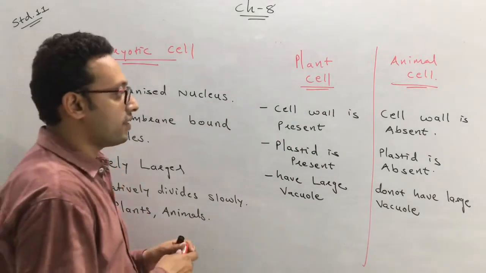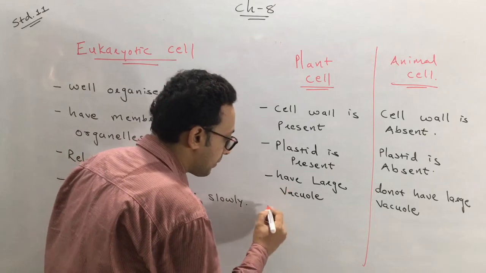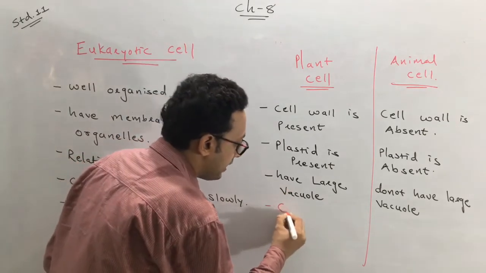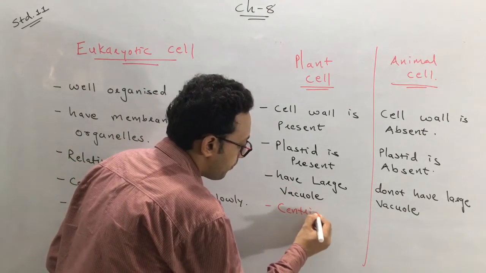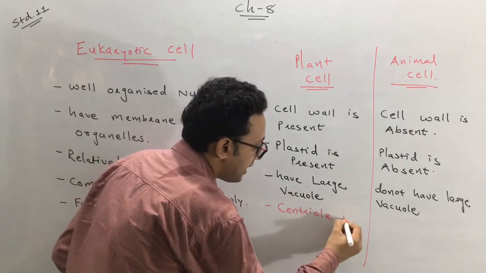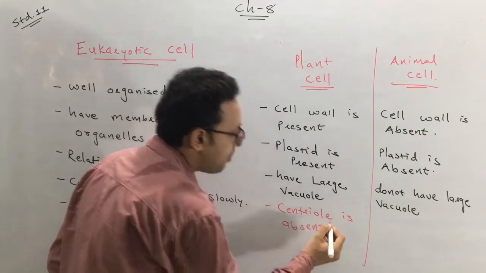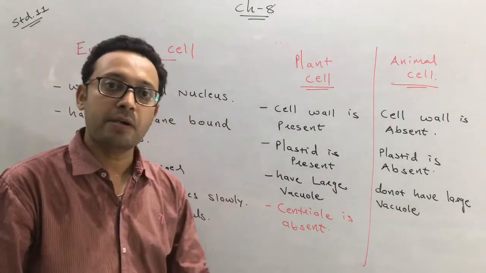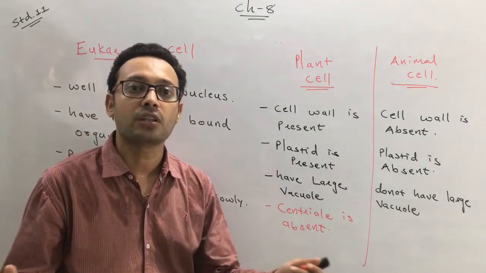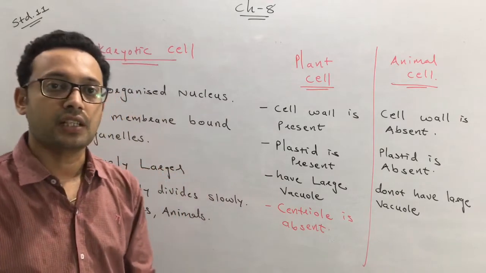Now, another difference between the plant and the animal cell: in the case of a plant cell, centriole is absent. This is a non-membrane bound organelle, and you know that non-membrane bound organelles are found in both prokaryotic and eukaryotic cells.